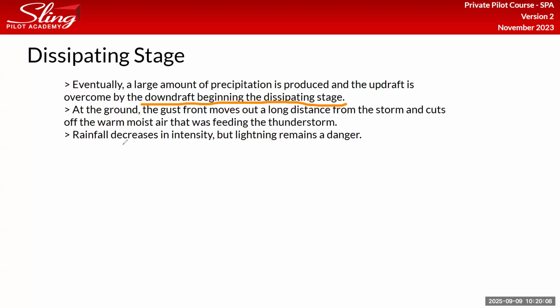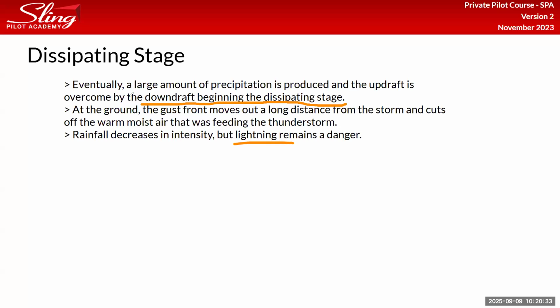So we just talked about rainfall decreases in intensity, lightning still a danger in the stage, but then you're getting back to at the ground, you can get what's called a gust front that moves out along a distance from the storm, cuts off the warm, moist air that was feeding the thunderstorm underneath.